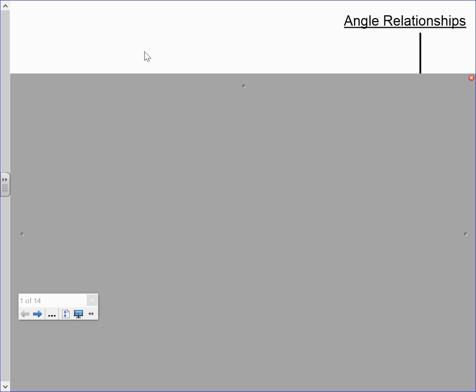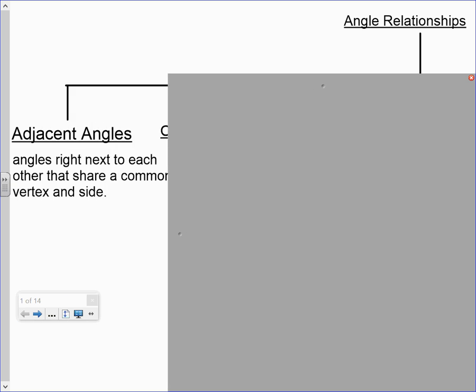The first one is going to be called, ready? Adjacent angles. Write that down. And notice I gave you a lot of space there because we're going to draw pictures of each one. Adjacent angles. Angles right next to each other that share a common vertex and side.